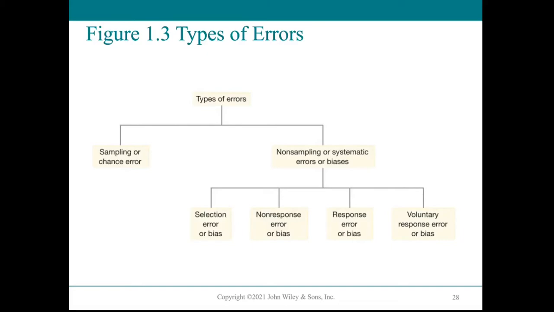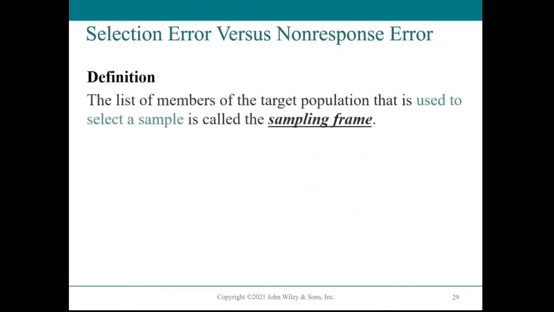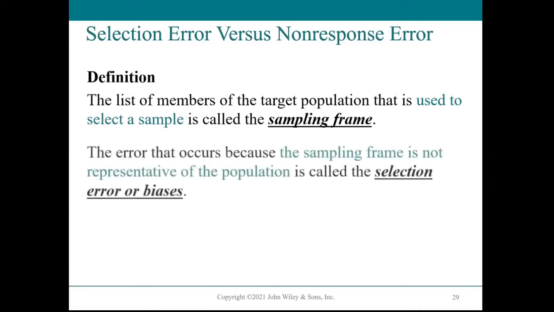So selection error can be selection error or bias, non-response error, response error or bias, and voluntary response error. What are those selection errors? The list of members of a target population that is used to select a sample is your sampling frame. The error that occurs because the sampling frame is not representative of the population is the selection error or bias.